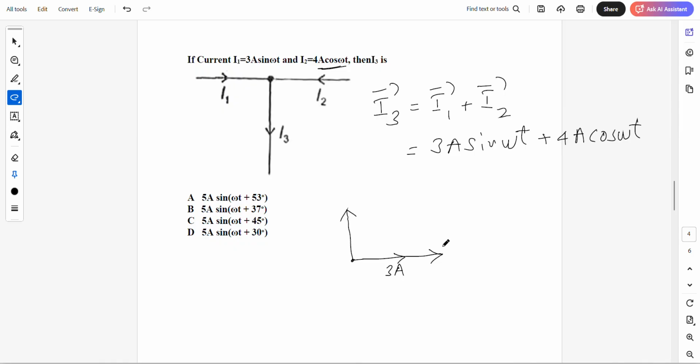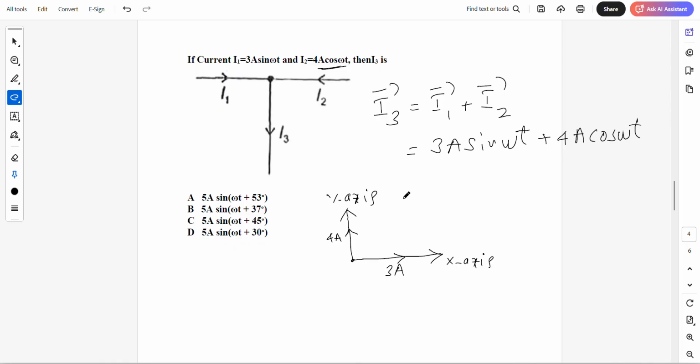This is the x-axis and this is the y-axis, right? Now this is 3, this is 4 amperes. This is the amplitude, 3 amperes and 4 amperes. This is I1 and this is I2.